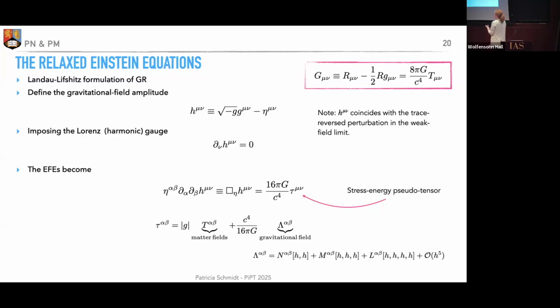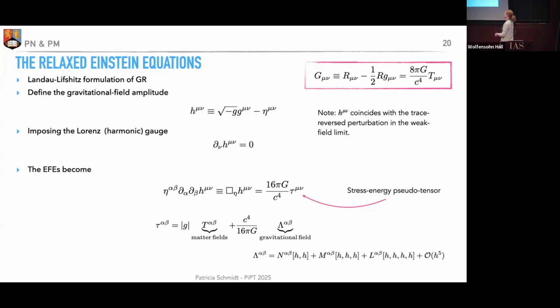Because it does not only take the matter fields into account, which is what we had before, our standard matter source, but also the fact that in the space-time I have a gravitational field. So I don't have a fixed background anymore, like we assumed before. But I've got gravitational field energy and energy coming from some source that is sitting there, some object. So both are taken into account here.